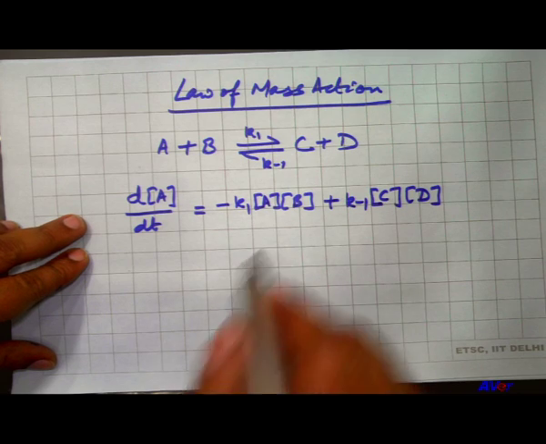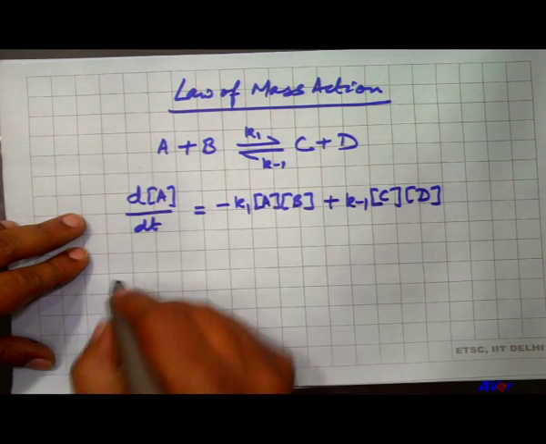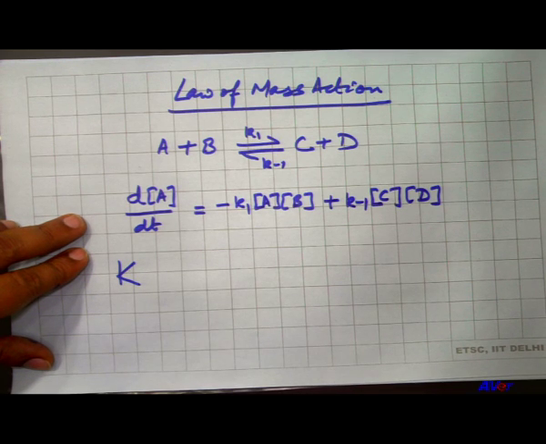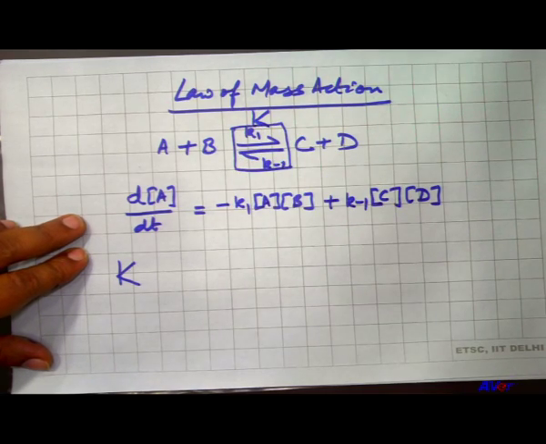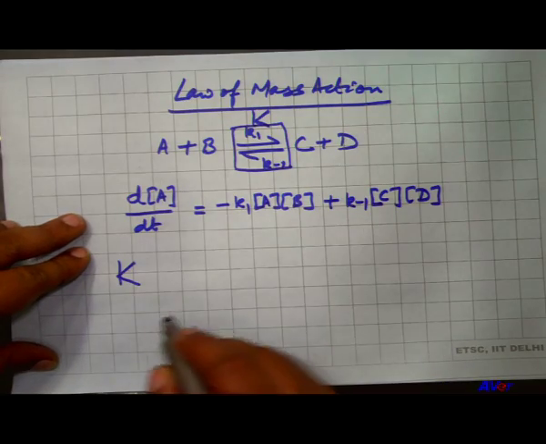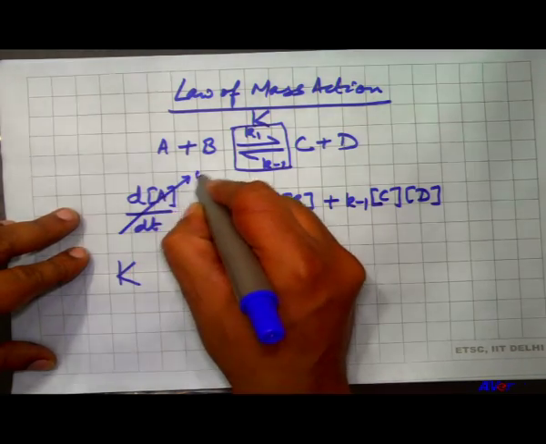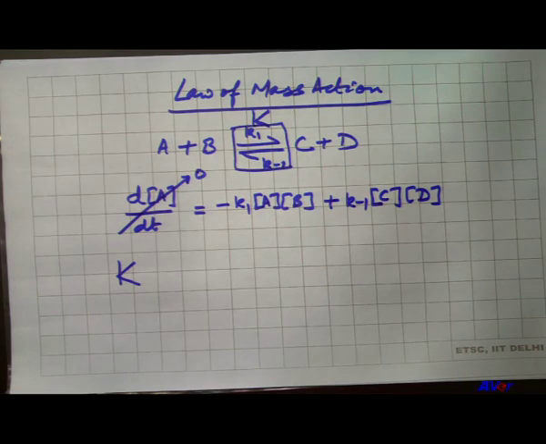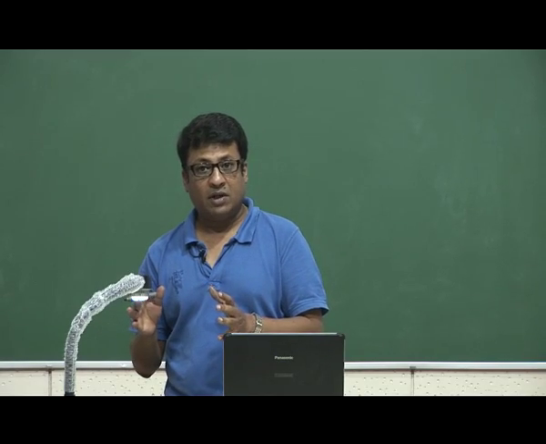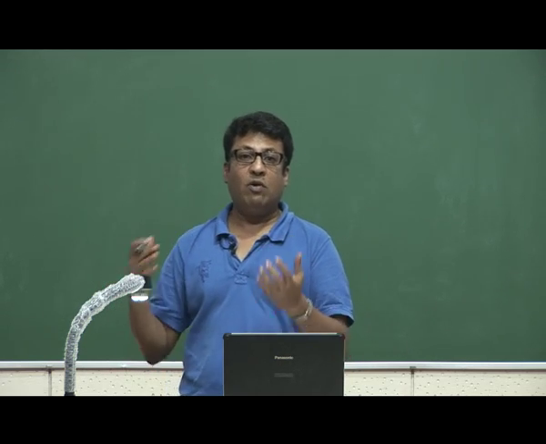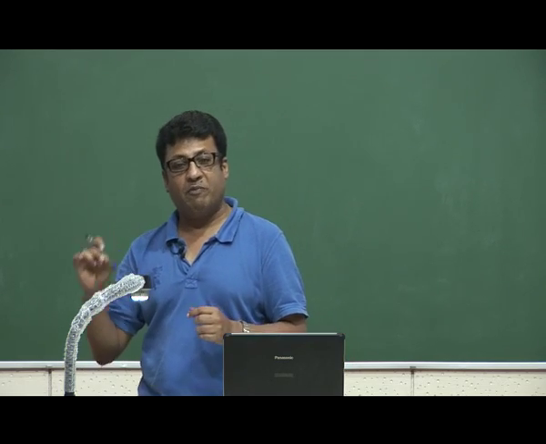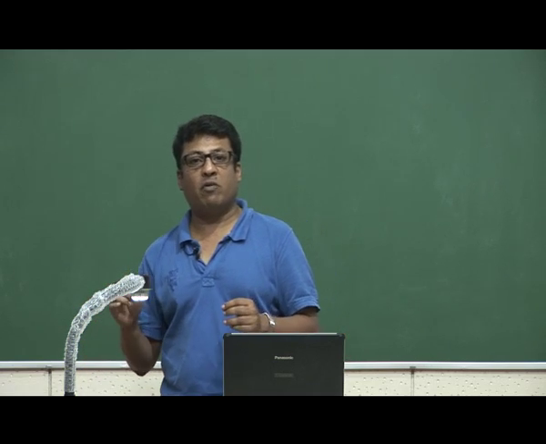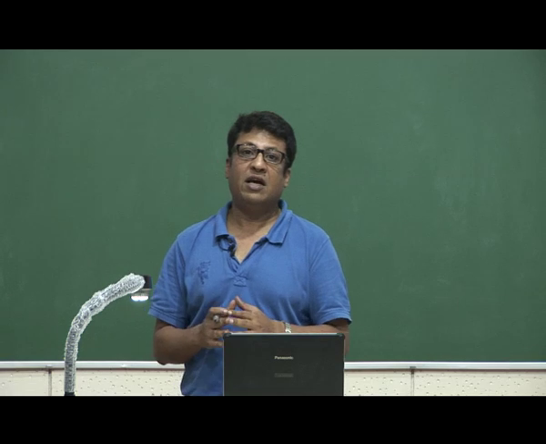this is the rate of change of concentration of A in the system, and this is the law of mass action. Now, notice if we had equilibrium, capital constant K, which normally comes from here, that there is an equilibrium constant for a reaction. If we had equilibrium, in that case at equilibrium, rate of change of concentrations of molecules are the same, 0, because at equilibrium the number of molecules of A in that closed system, number of molecules of B, number of molecules of C, number of molecules of D, they all basically remain the same.